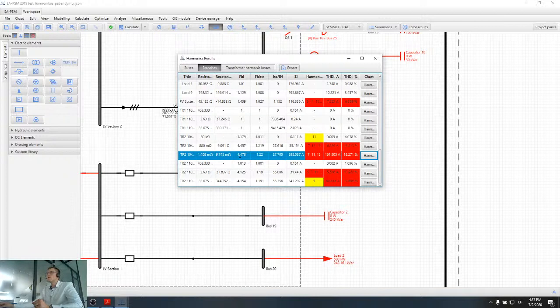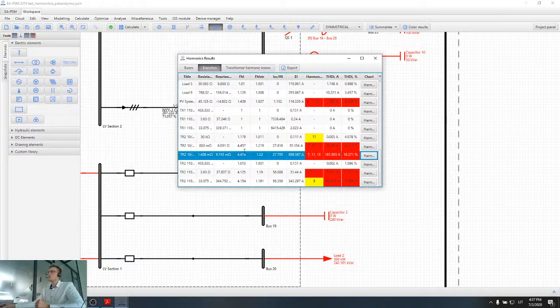I can see that now losses in the transformer are more than 4 times bigger than without the harmonics. So these are eddy current losses. And the stray losses are about 22% bigger. This gives you the idea of how much harmonics affect losses in a transformer.